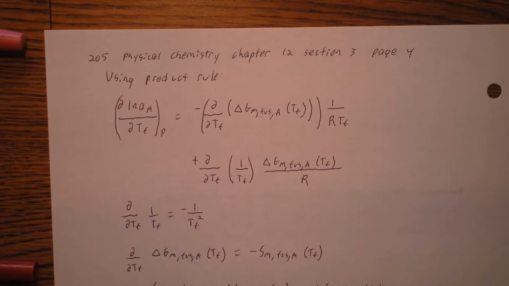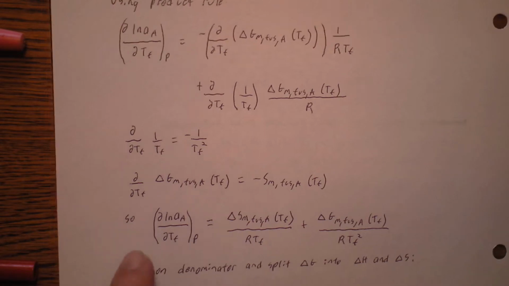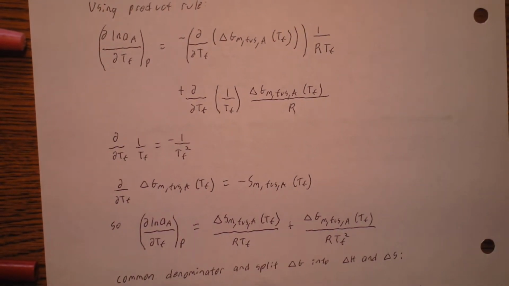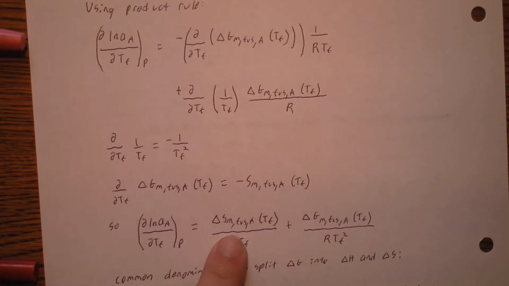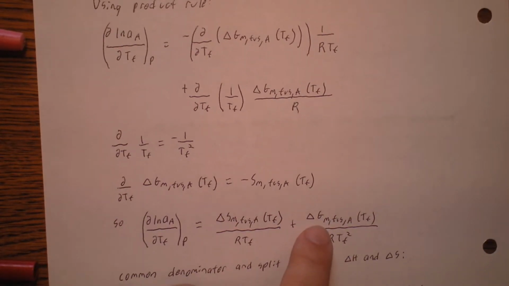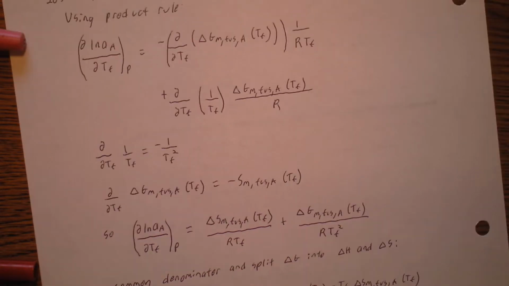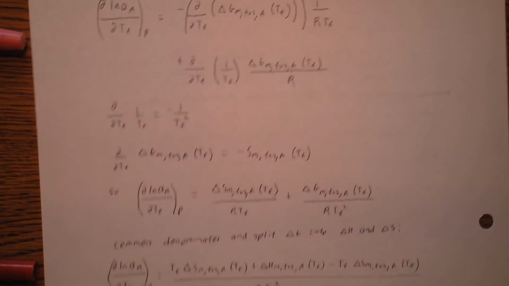So we get the partial derivative of the natural log of the activity of A with respect to the freezing point temperature, holding pressure constant, is equal to the change in the molar entropy of fusion of substance A at whatever freezing point temperature divided by R times the freezing point temperature, plus the change in molar Gibbs free energy of fusion of substance A at the freezing point temperature divided by R times Tf squared.